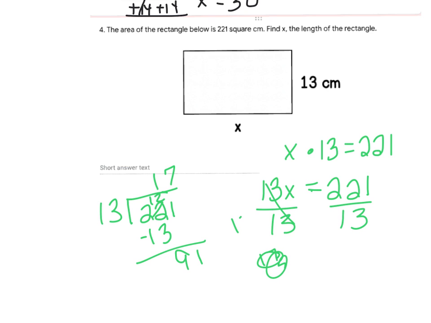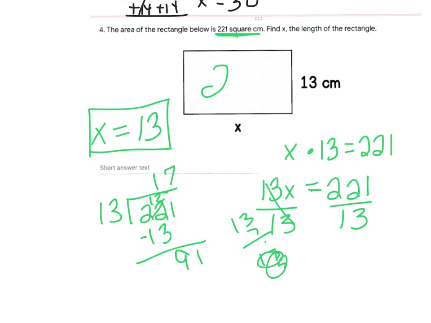I'm stupid. Yes. Duh. So x equals 13. So in other words, they threw you a curveball there and they told you what the area was. They said that this was 221. So if you multiplied these two together, what would this have to be to equal 221?